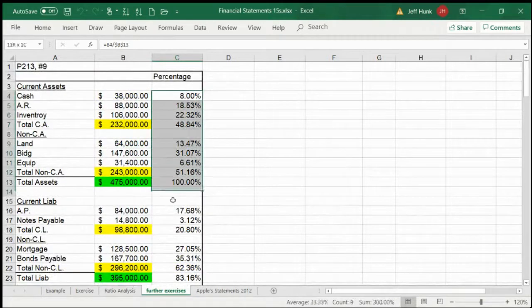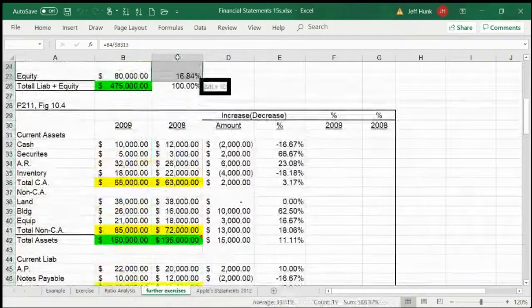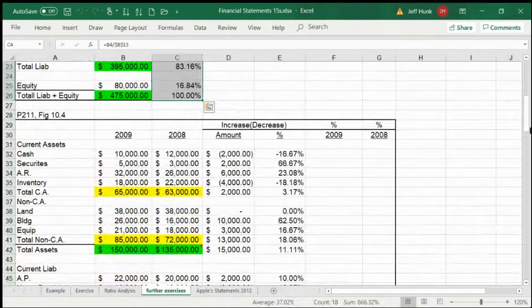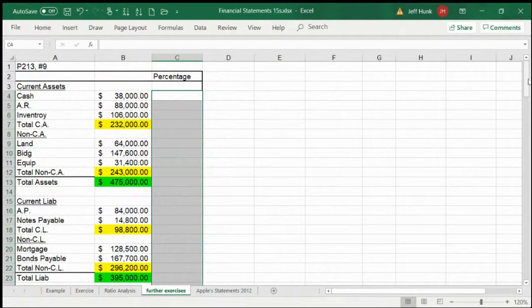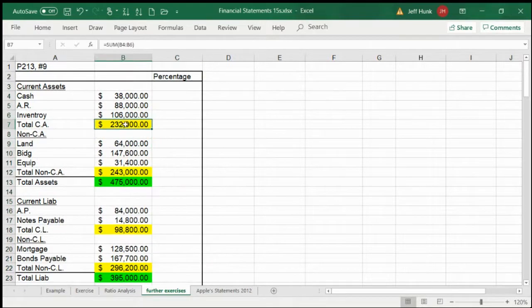you're putting the balance sheet line items in terms of size, in terms of percentage, as a percentage of the total assets.